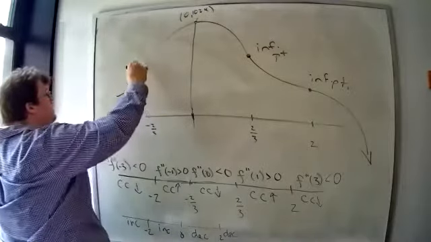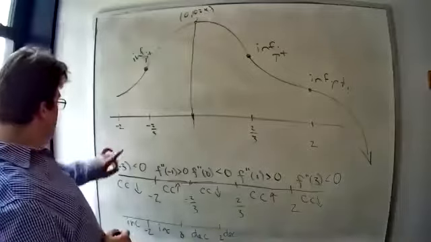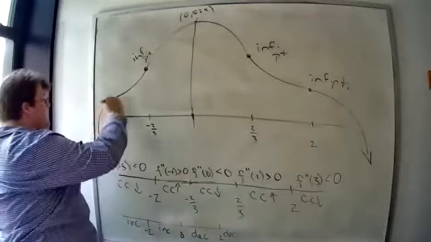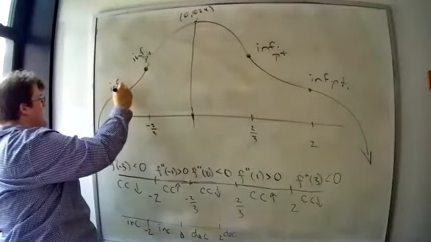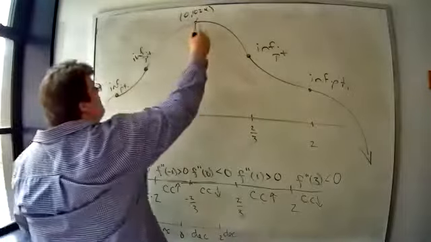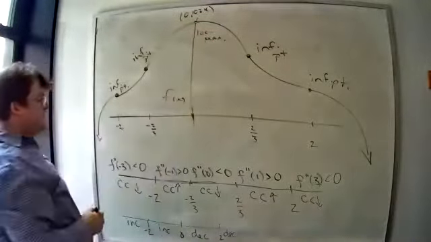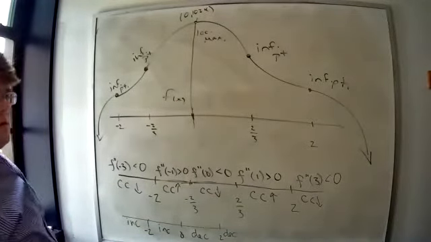So it'll look like that, giving us this inflection point. And negative infinity to negative 2, concave down and increasing, giving us yet another inflection point. And up here, we have a local max. So any questions about this one?